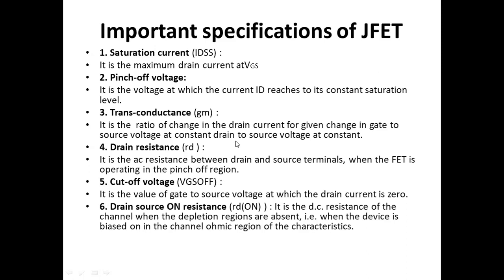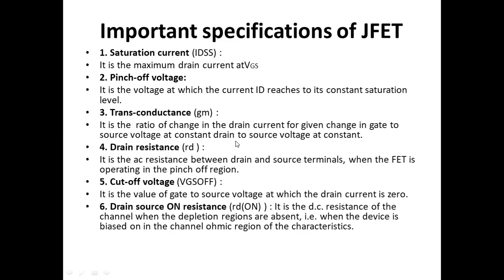So the transconductance is defined as the ratio between change in drain current to the change in VGS at a constant VDS. Okay, constant VDS. That one is known as transconductance.